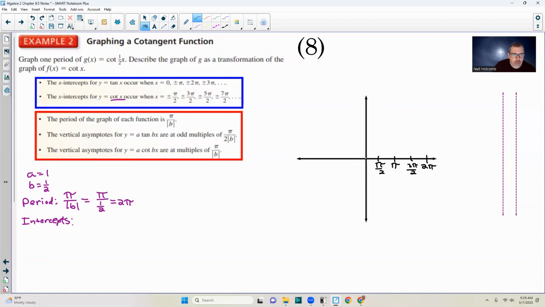And what is cotangent of 0? Well, cotangent is cosine over sine. So cotangent of 0, without getting the unit circle out again, is 1 over 0, or undefined. So that tells me right there that I have a vertical asymptote right here on the x-axis.